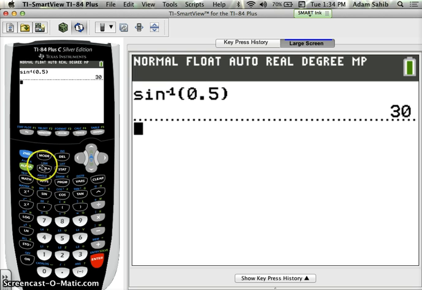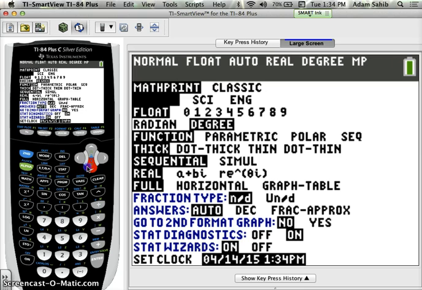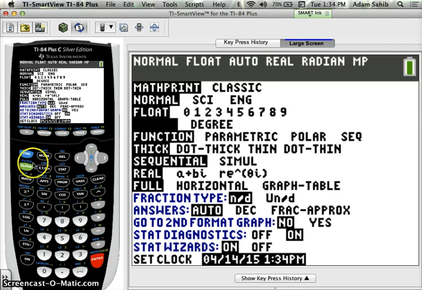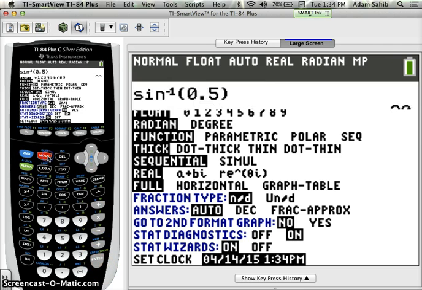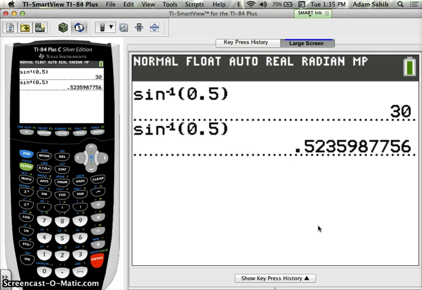Now let's change it to radian. Let's do the same thing now, second sine 0.5. What do you think is going to come here? Pi over 6. Now your calculator can't do pi, which is where you are going.